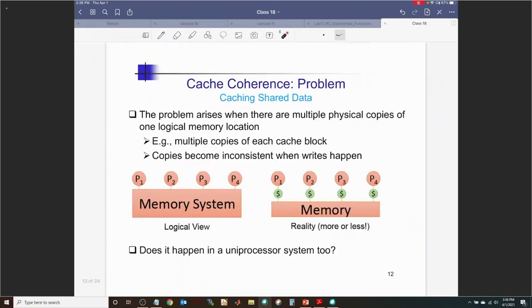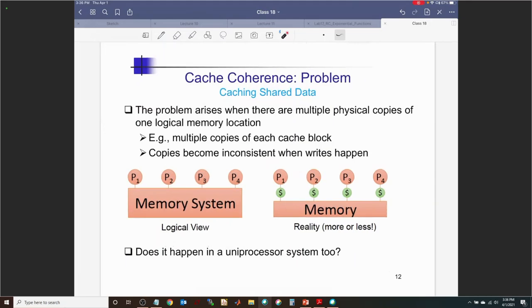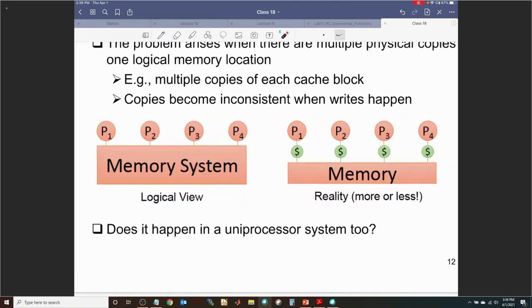The next thing that we are going to talk about is sort of the second half of our lecture today, which is cache coherence. And we need to talk about the problem first, and then we can start talking about what a solution could look like, right? So the problem over here is that caches are looking at some data that is being shared by multiple caches. So for example, let me talk about this particular view here.